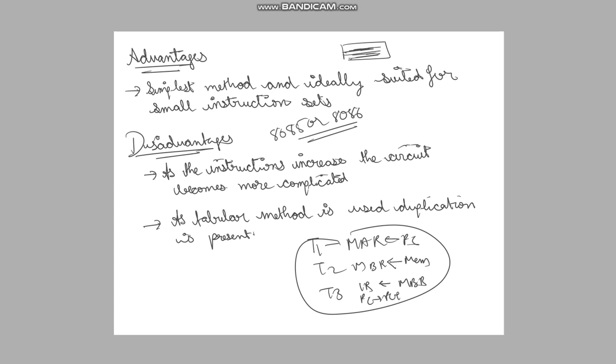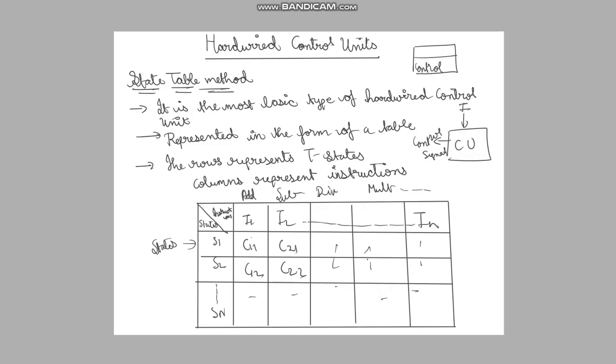This is going to be followed throughout, irrespective of whether your instruction is add, subtract, multiply, or divide. So you're going to have a duplication of these instructions over here, the same set here and the same set here, because you'll need to fetch and decode all of them. So there's a lot of redundancy and it is a time consuming process. That's why this is not a strong method.